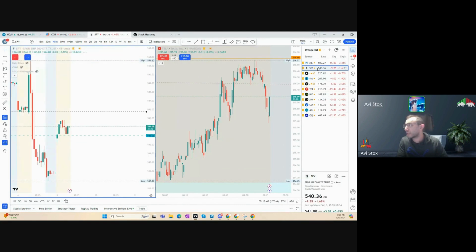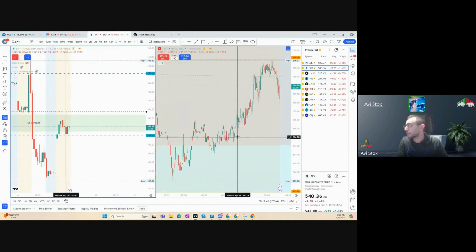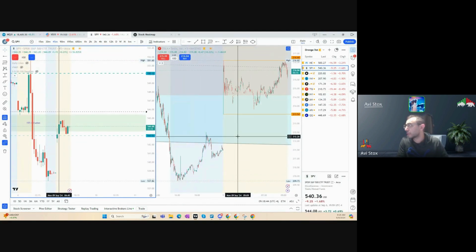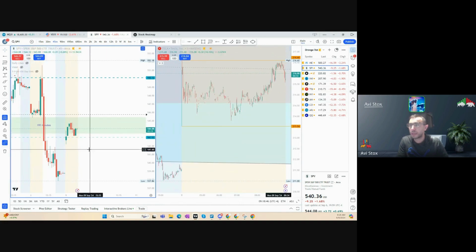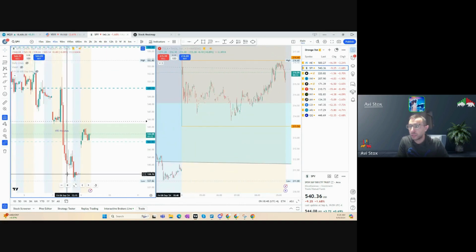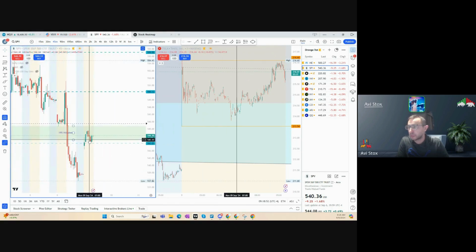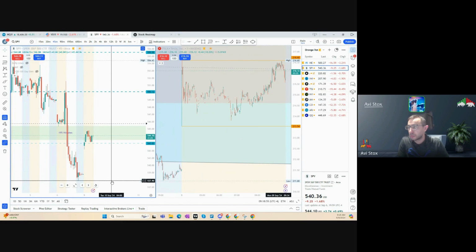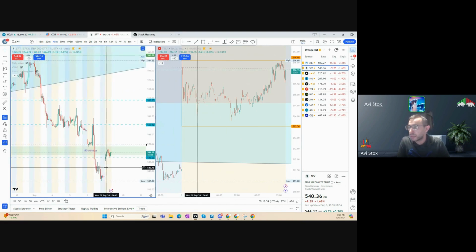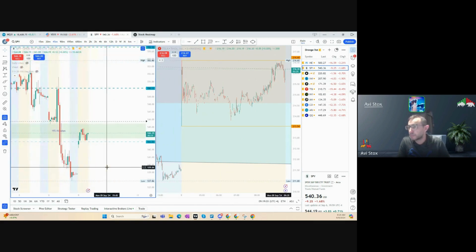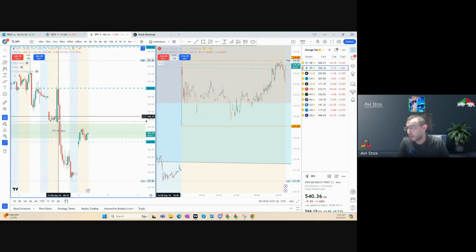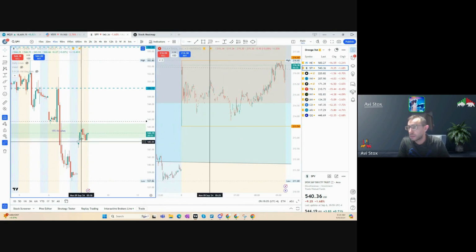Let's actually see the markets. SPY right there. The markets actually had a massive gap up. Very good gap up. You can see how it broke below, so aggressive.